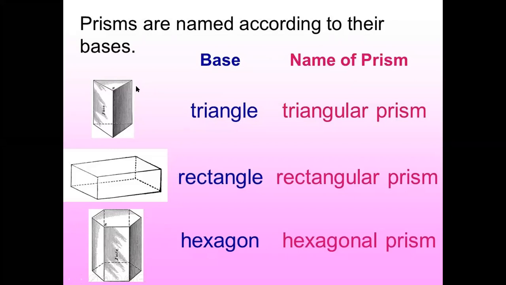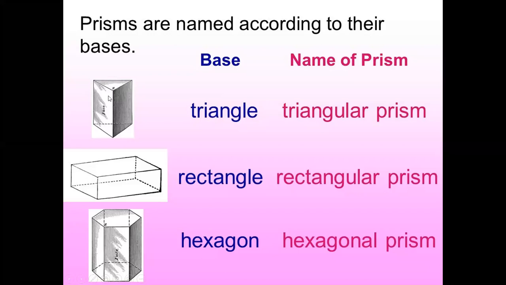So again, the prism has two bases, one up and the other down, and all the other faces are rectangles. We name the prism according to the name of its base.